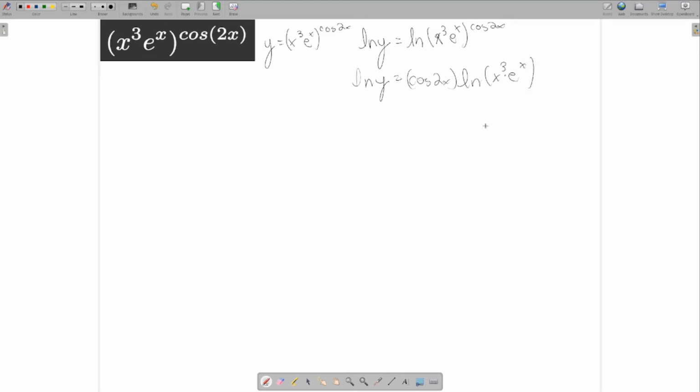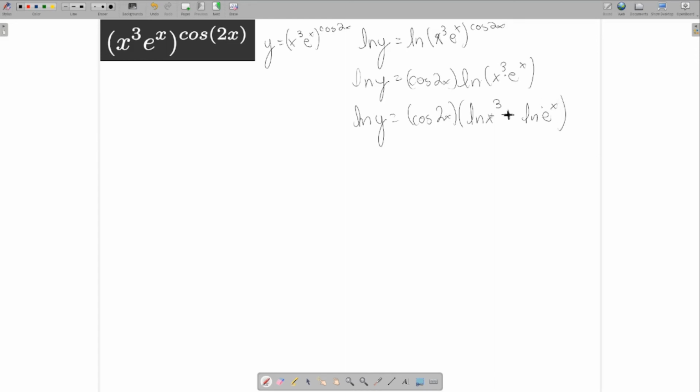Now, since this is multiplication, we can actually add the logs. So we can just do natural log of y equals cosine 2x times the natural log of x cubed e to the x plus natural log of e to the x.